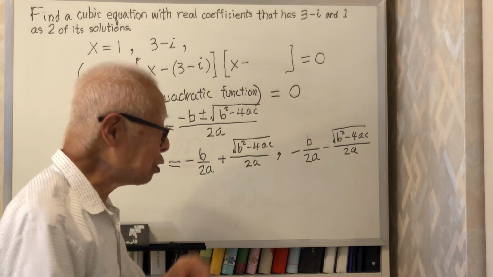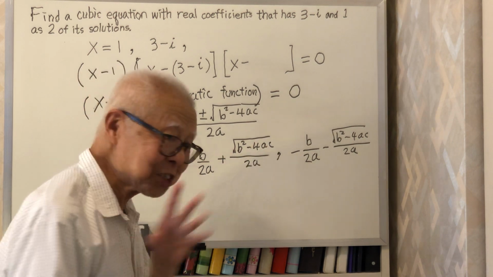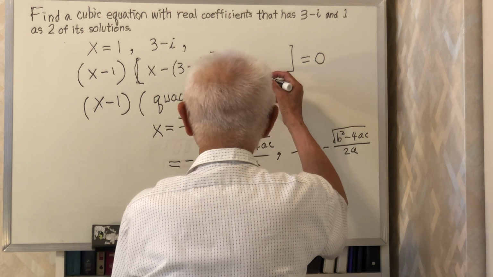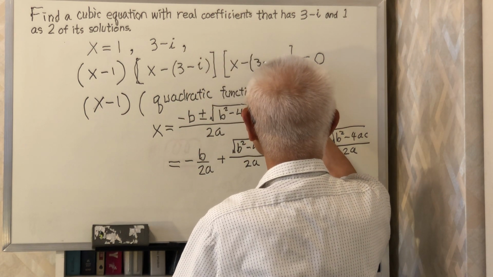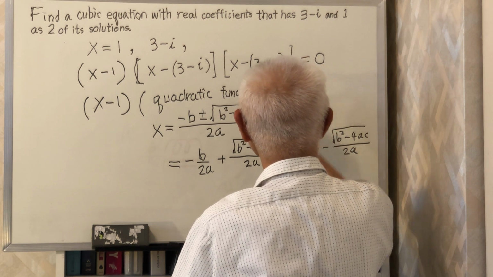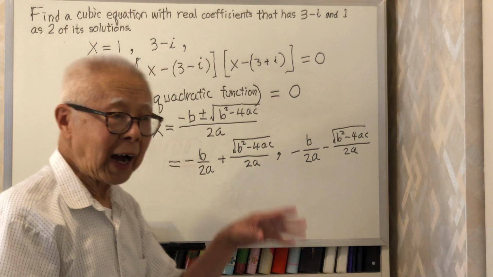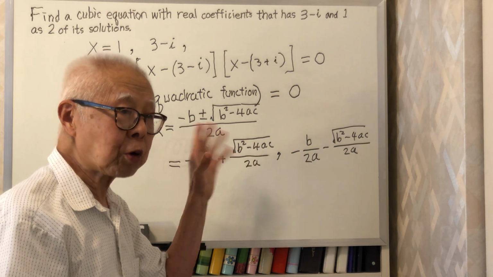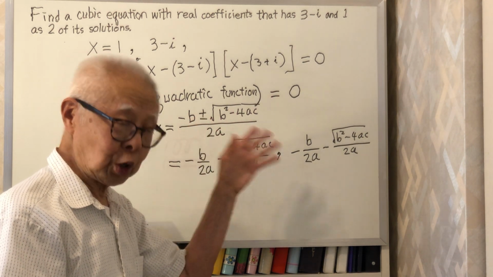Therefore, the other solution is 3 plus i. You see? Therefore, my third solution is x minus (3 plus i). I get this conclusion from the properties of quadratic equation.